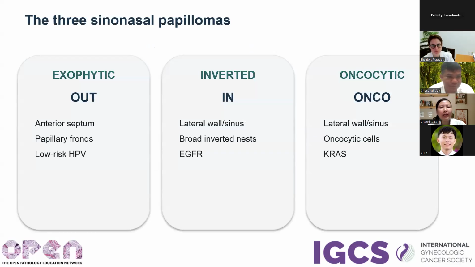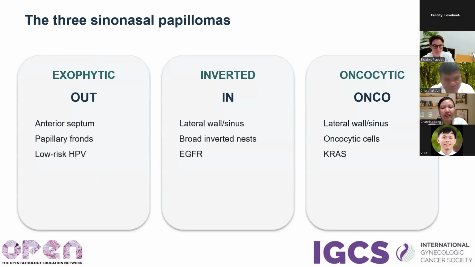In order to remember, we need to remember the important key features. The exophytic type grows outwards, and it happens in the anterior septum. It has a papillary front, and it is associated with low risk HPV.